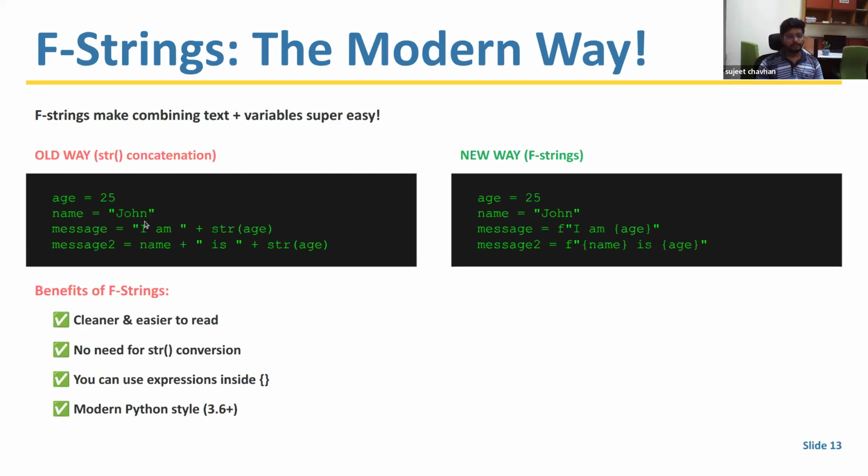Whole thing will be string. Okay. Message 2 is name plus in double quotes is plus str of age. So as you can see, every new element is combined using plus. So this is old fashioned code.